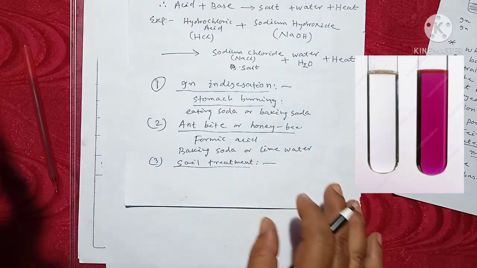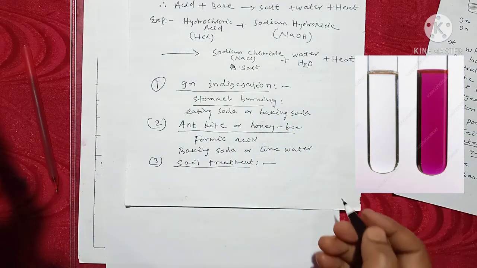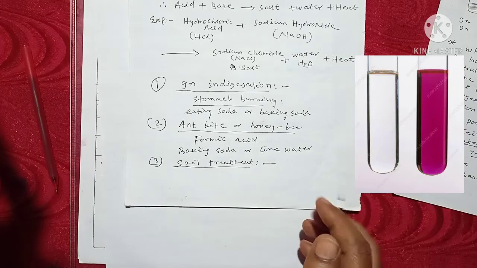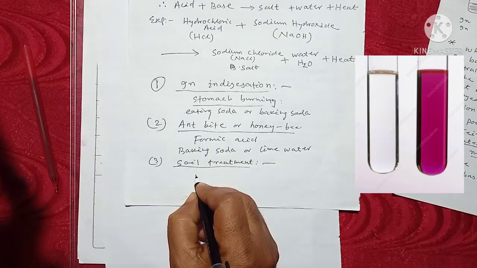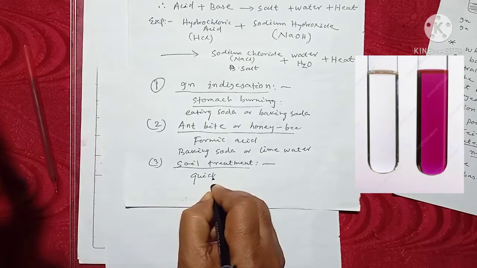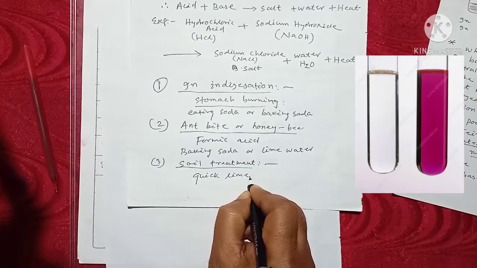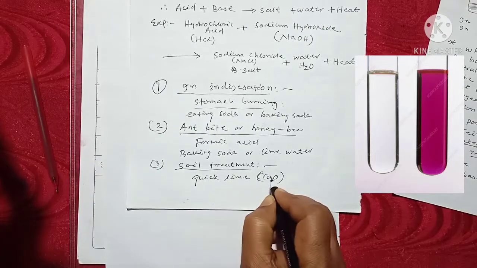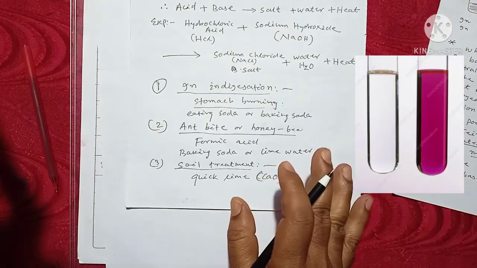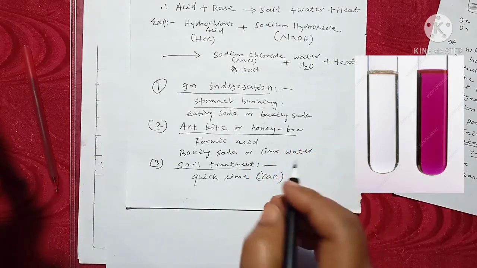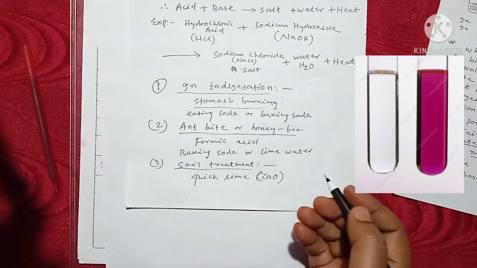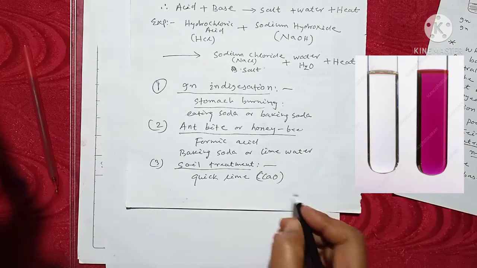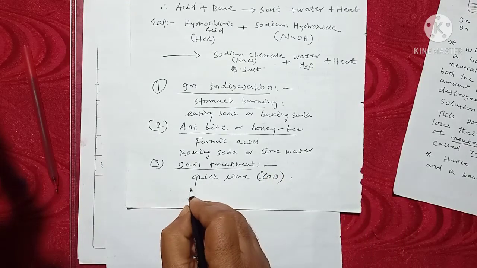In order to neutralize the acidic soil, quick lime, which is nothing but the lime powder, calcium oxide, chuna, is applied, which produces slaked lime.